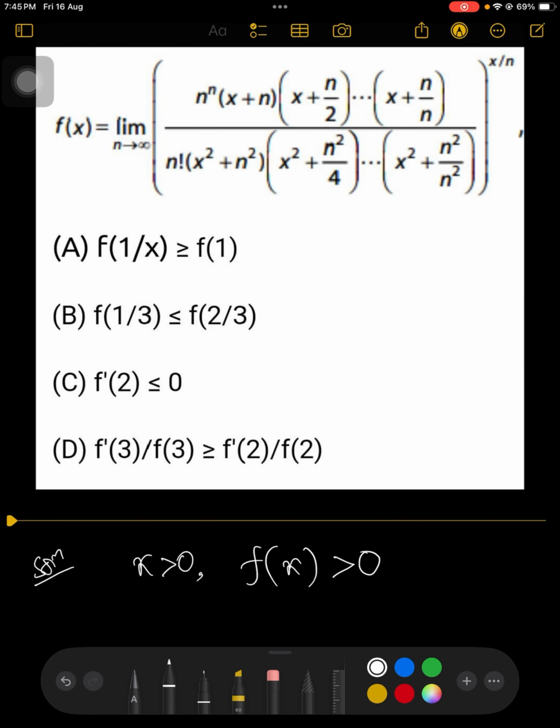Next, now come into the question. Come into the numerator and take n common in each and every term. How many terms are there in the brackets? n terms are there. You can take n common from each and every term.